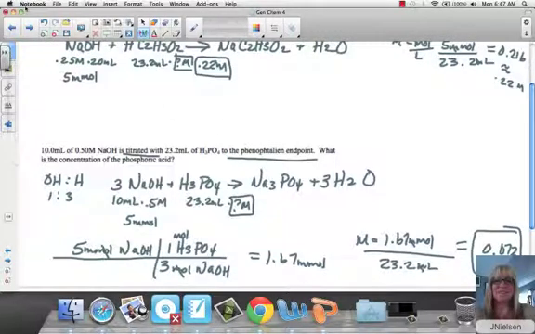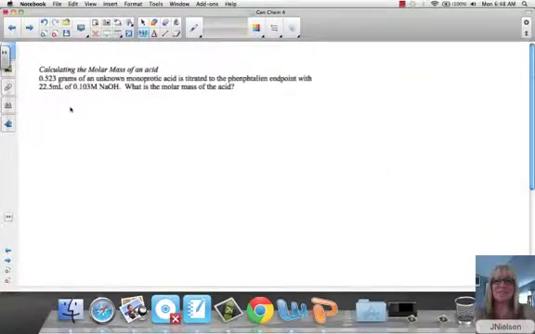Alright, I think we've got a couple more problems left. Drawing near the end. So we have 0.523 grams of an unknown monoprotic acid, and it's titrated with phenolphthalein to the endpoint with NaOH.